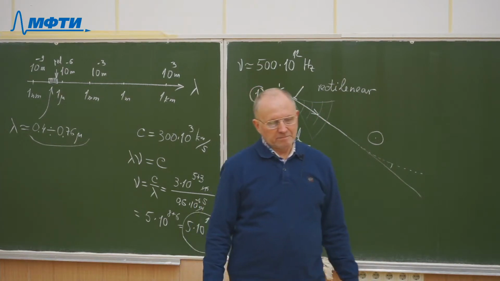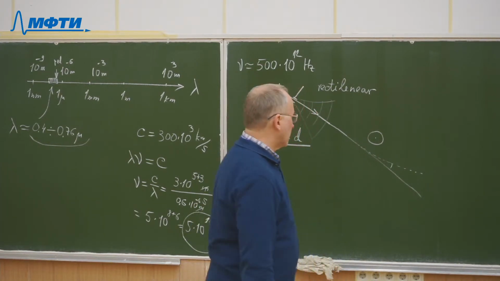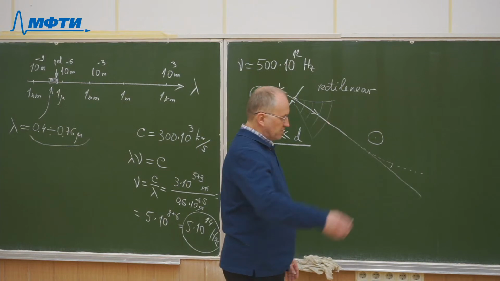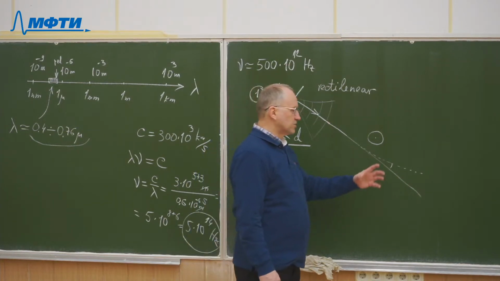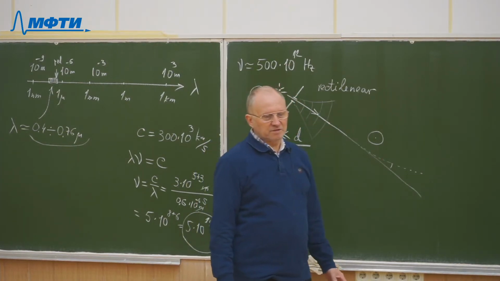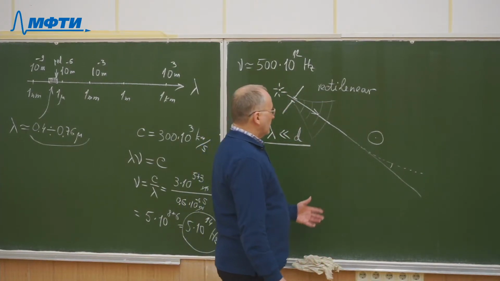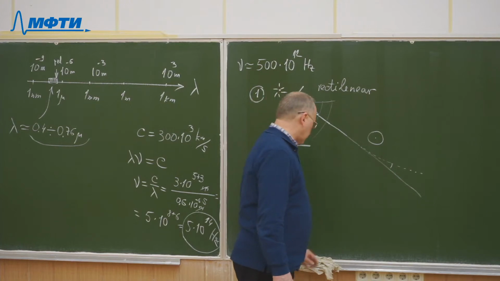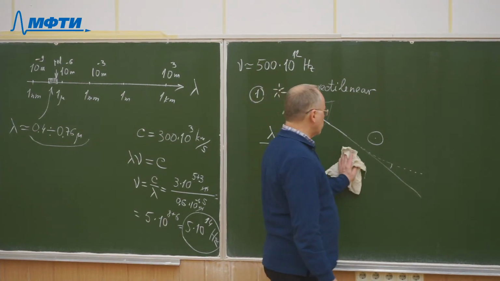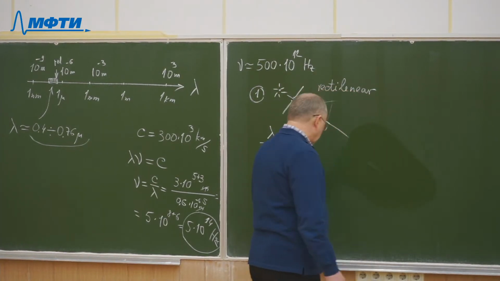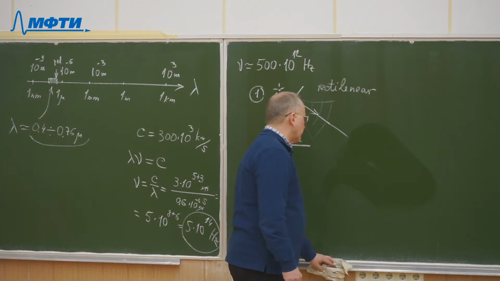But this is an exotic situation which is observed somewhere in outer space, and you must apply special tools to observe this phenomenon. And in our everyday life, this deflection of light in a gravitational field can be neglected. It's very small, it's negligible.